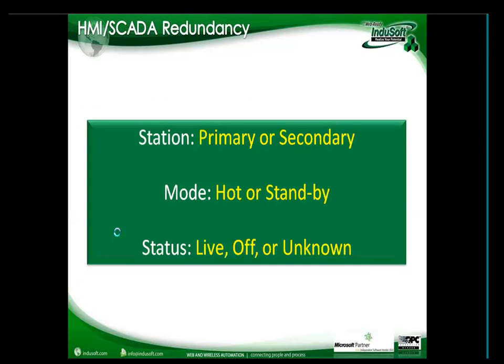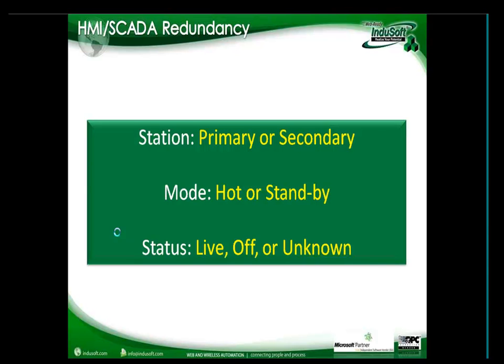Finally, we can discuss the last level of redundancy, which is typically called HMI SCADA server redundancy. And just to discuss the nomenclature up front, I wrote here the concept for station, mode, and status. So in a hot standby system, I have 2 stations, and here in my script and in the presentation, I call one of them the primary and the other the secondary.